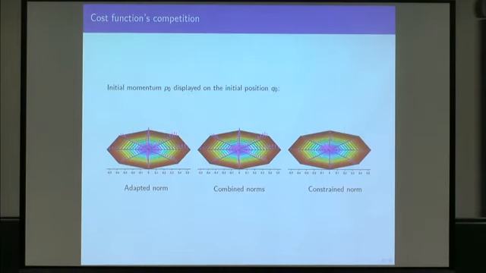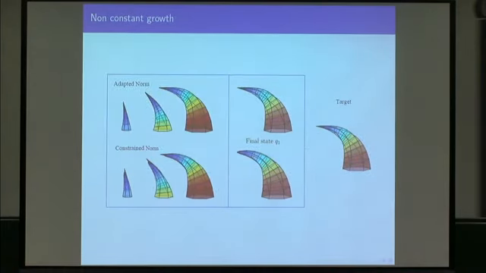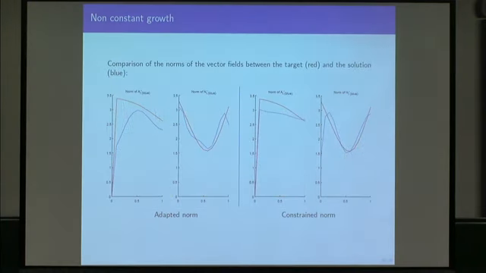So as I said, we have the initial momentum and the initial position that completely describe our scenarios. The second experiment we did, we generated a target with a decrease of the growth in the middle of the time interval. And we looked at the norm of the deformation, and you can see that we pretty well retrieve the rate of growth in the middle of the interval, I mean the decrease of the speed and the increase at the end.